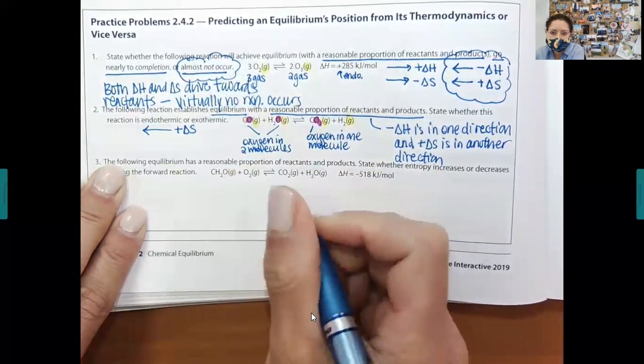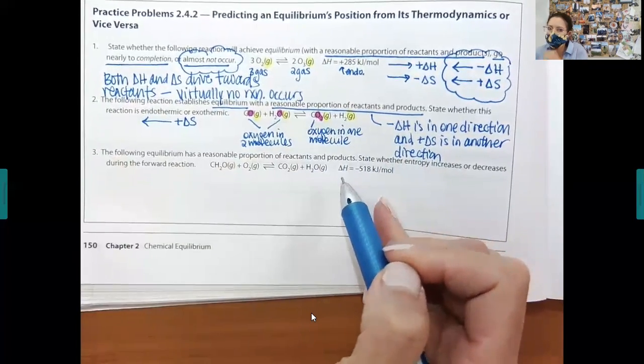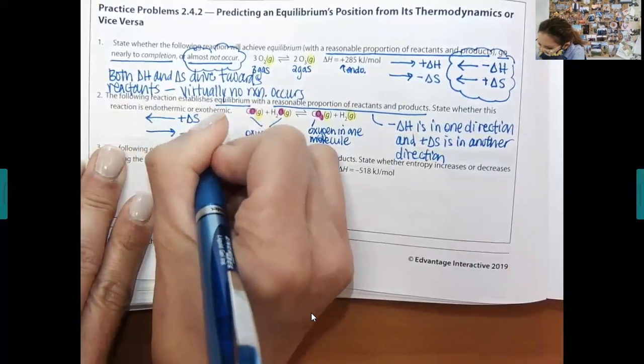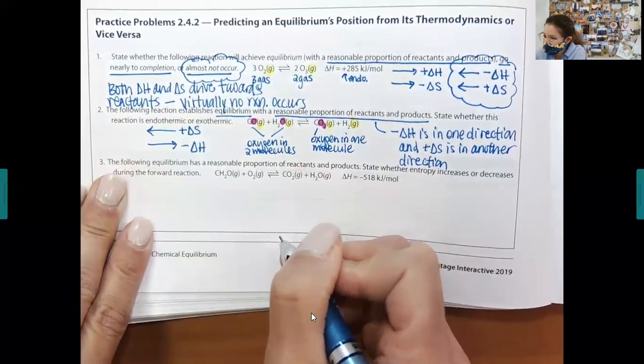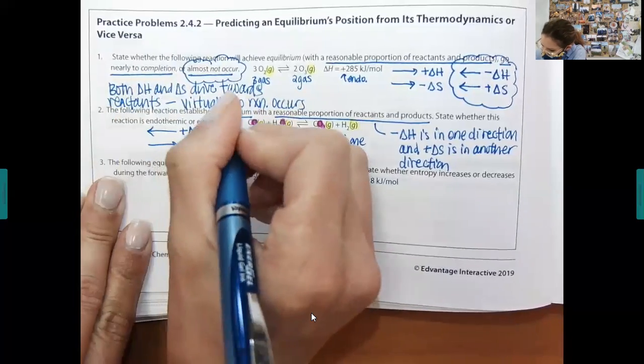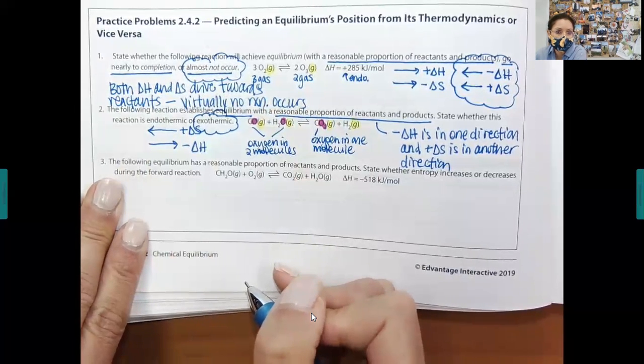So in order for us to have a reasonable amount of reactants and products present at equilibrium, your delta H has to be in the opposite direction. So this is the direction of your negative delta H.